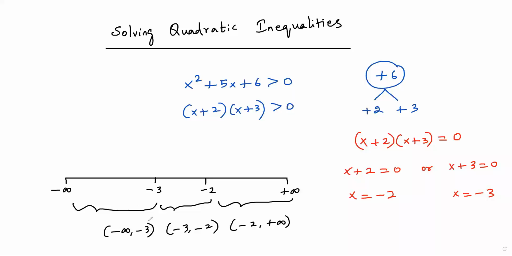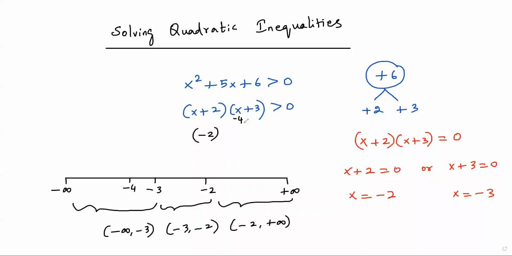Okay, now we can take a random value in the first interval, (-∞, -3). So a random value can be -4 or -5, anything which is less than -3. So -4 we can consider. If you plug in x = -4 into this inequality, what's happening? The value of this factor, -4 + 2, will become -2.